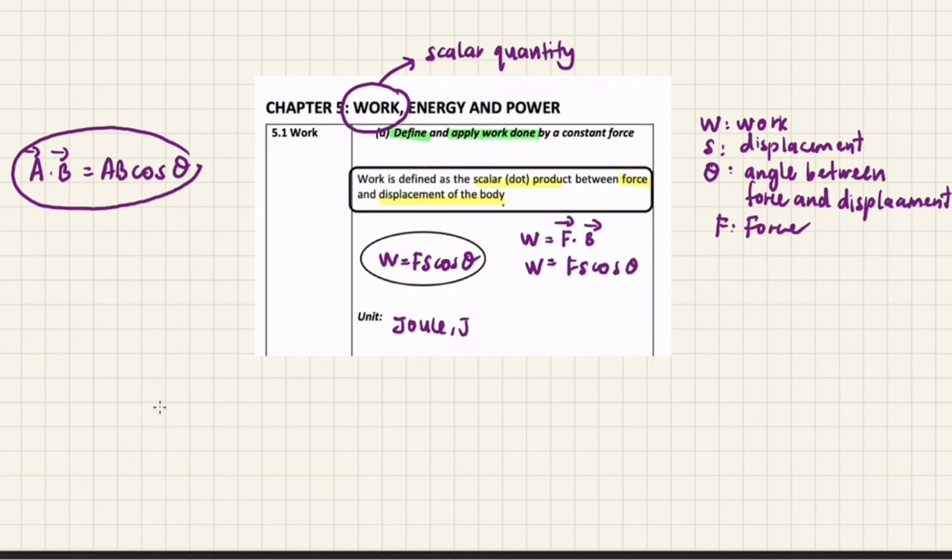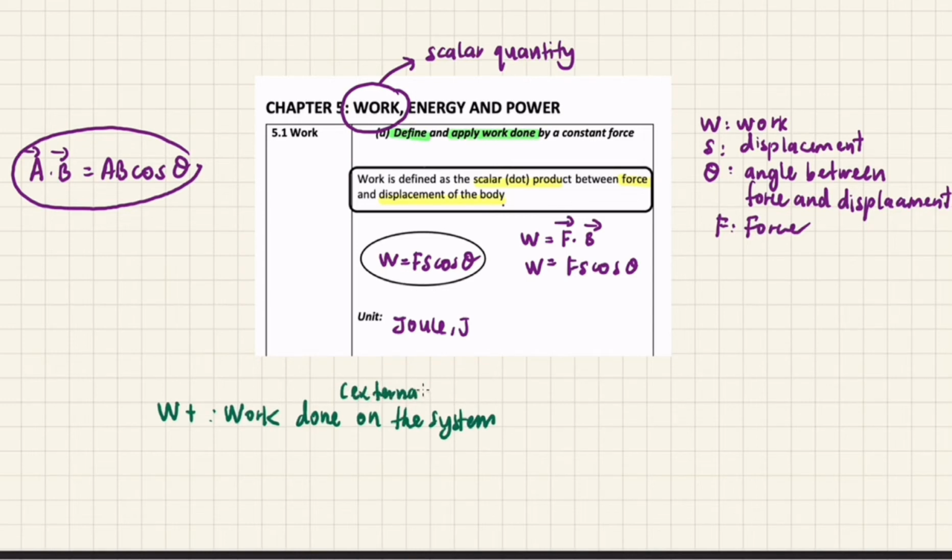If we get our work done to be positive, that means work is done on the system. Bila kita kata work is done on the system, that means ada external force daripada luar yang membuat kerja ke atas sistem itu.